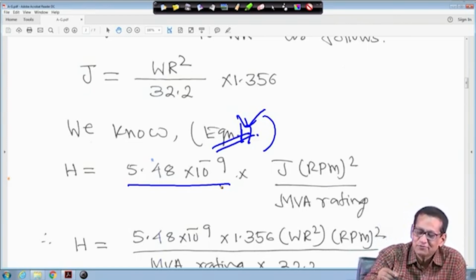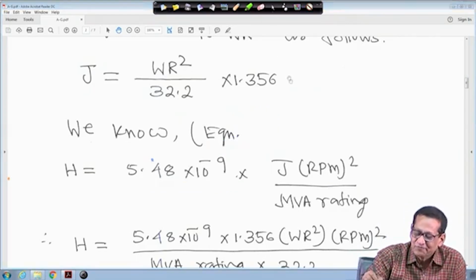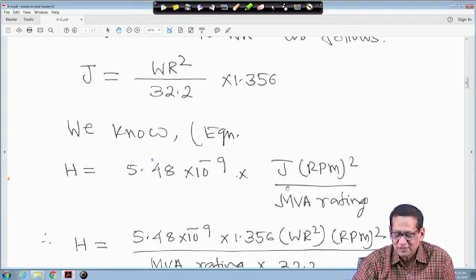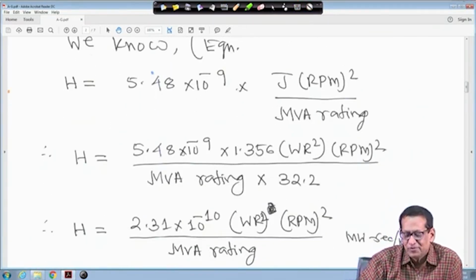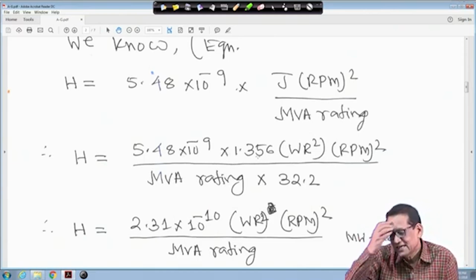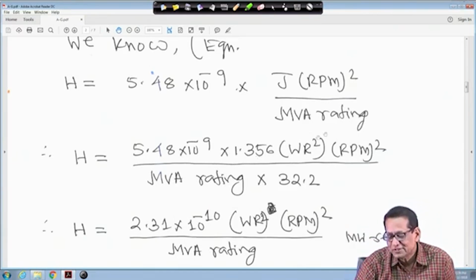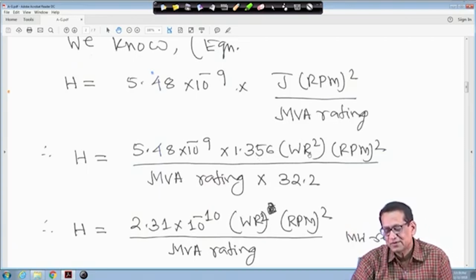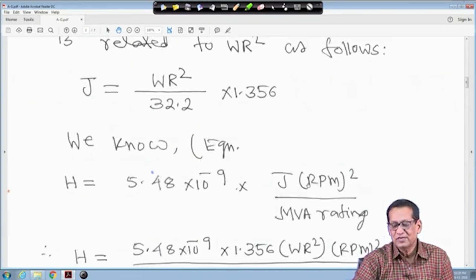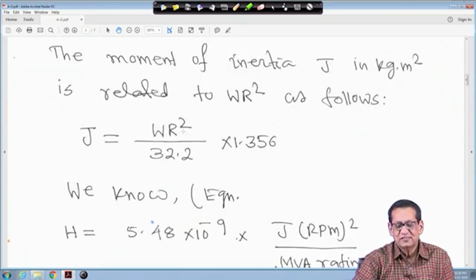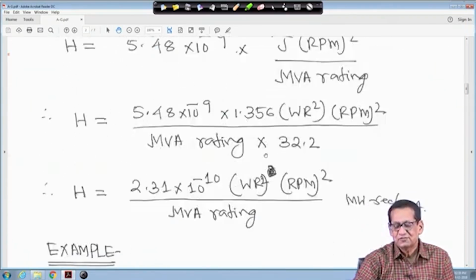Now in this case, H is equal to 5.48 into 10 to the minus 9 into 1.356 W r square by 32.2, because here we have made J equal to W r square by 32.2 into 1.356, and the rest is RPM square by MVA rating.